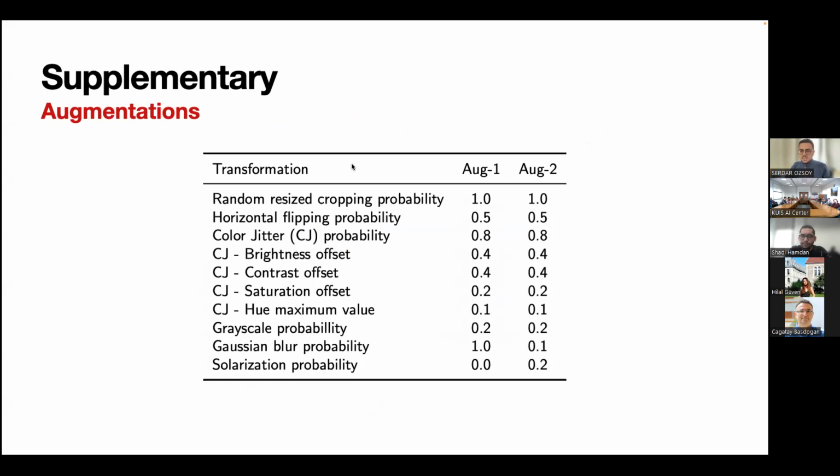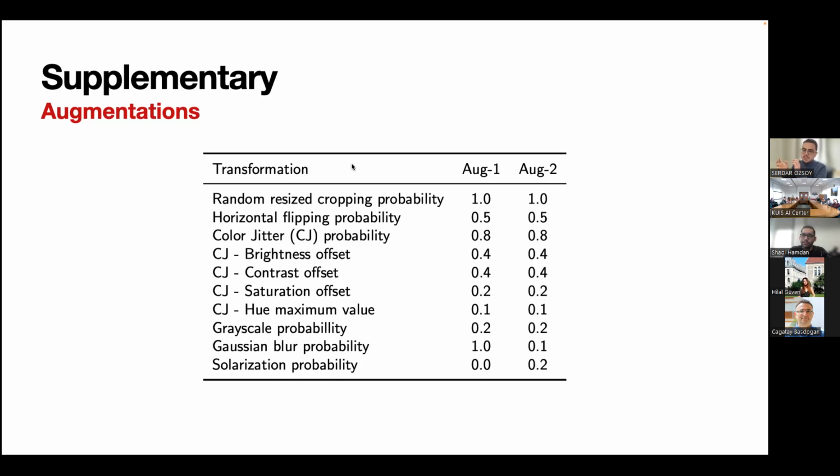We do not change the parameters; we use exactly the same transformations and randomized parameters. In each iteration, we select from these ranges of augmentations, using random resized cropping, color jittering, or grayscaling.